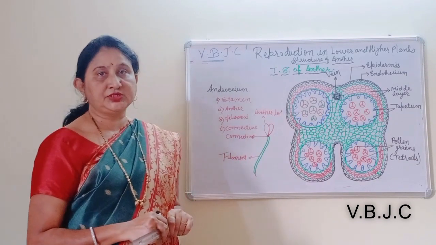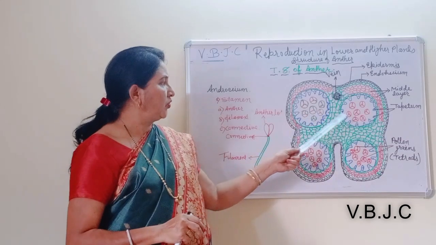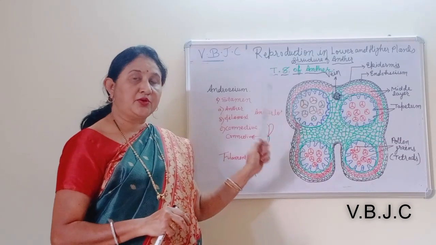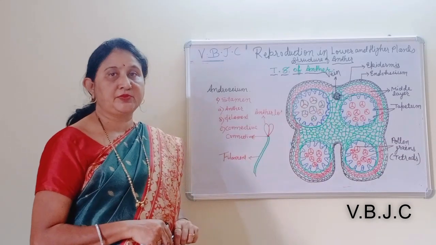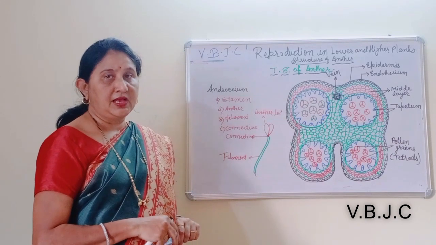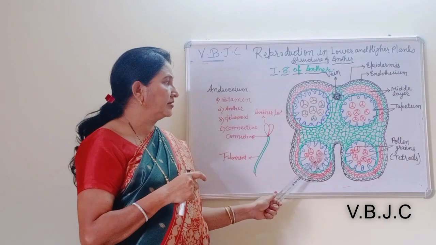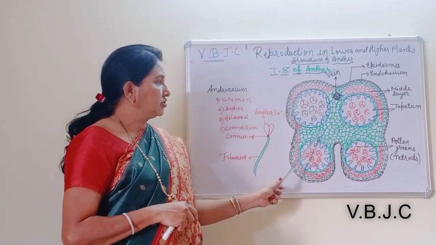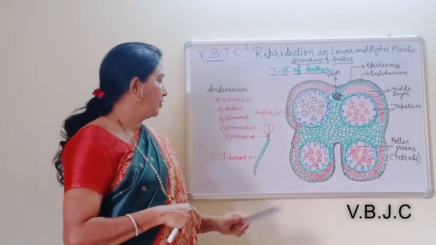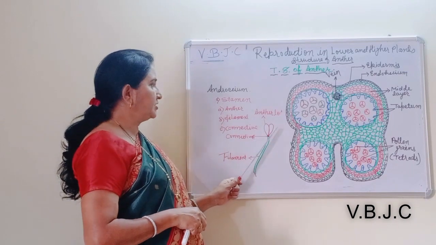Microsporogenesis means the formation of microspores or pollen grains from the microspore mother cell. After this, you have to study the formation of the anther and all the structure of the anther.